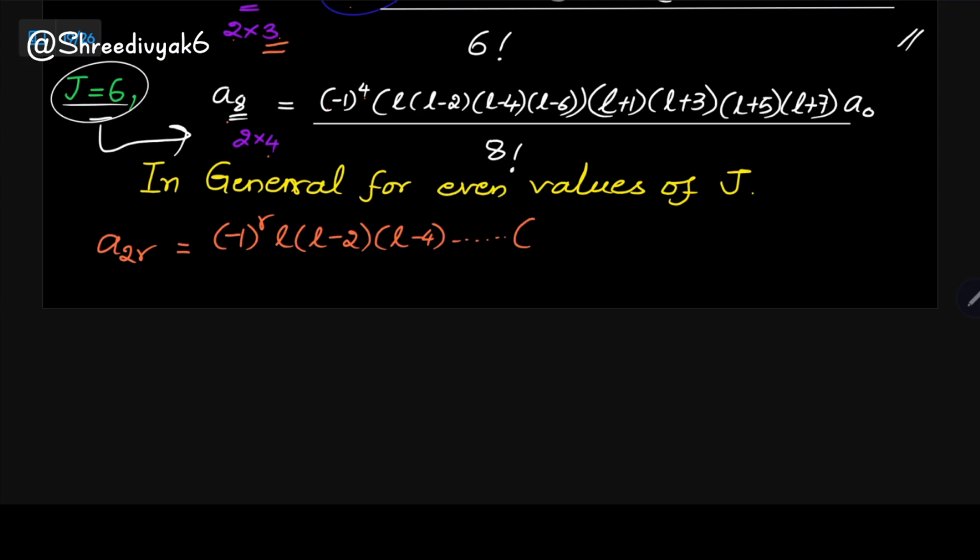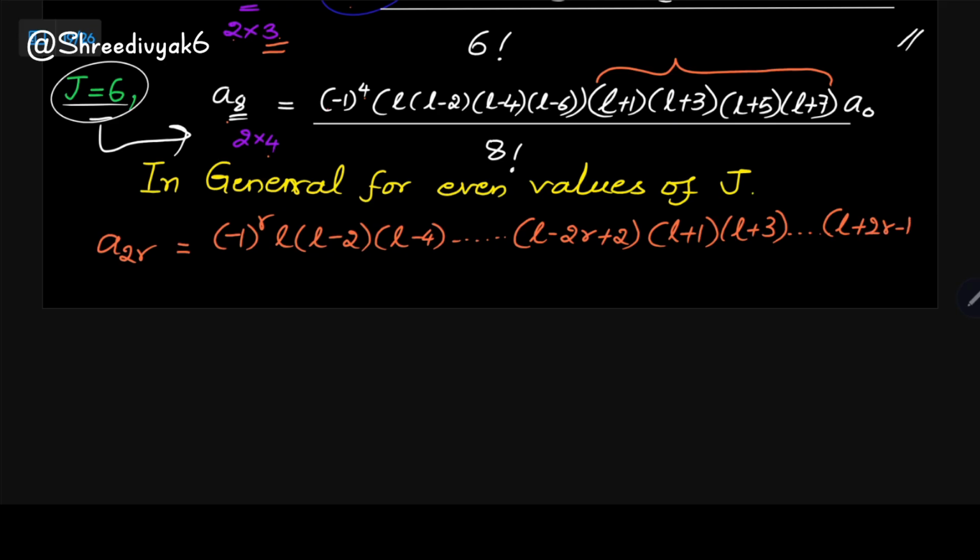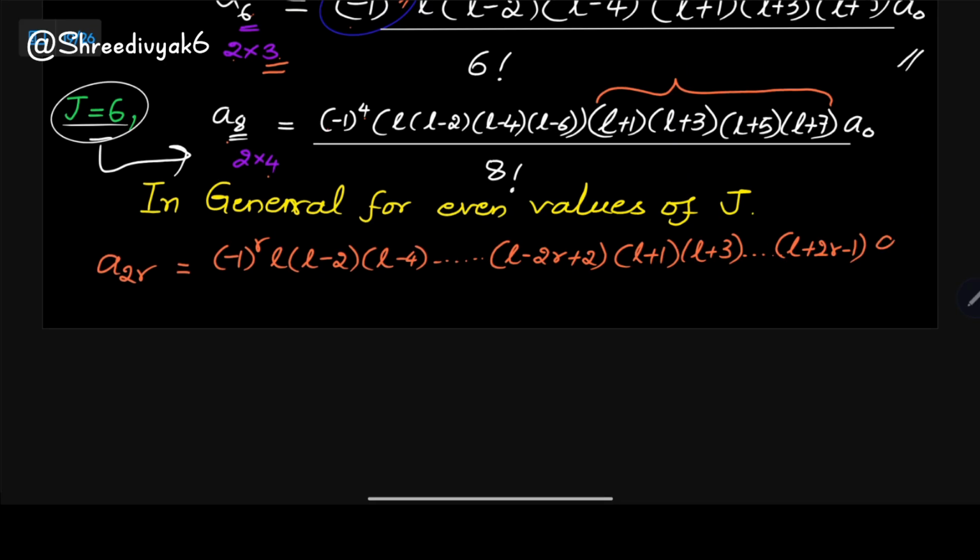So for the rth term, can I write it as L minus 2r plus 2, by looking at this trend? Yes. And for this, I can write L plus 1, L plus 3, and so on up to the rth term. I may get it as L plus 2r minus 1, of my A naught. A naught is common in every term.